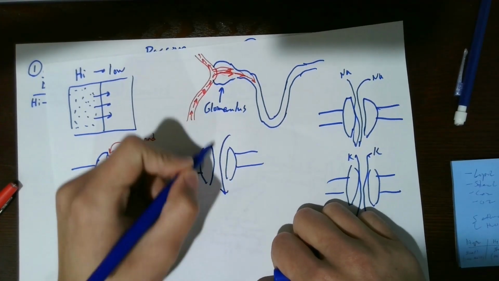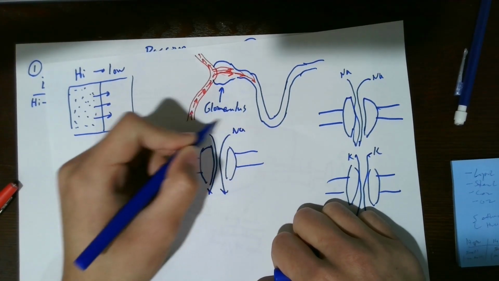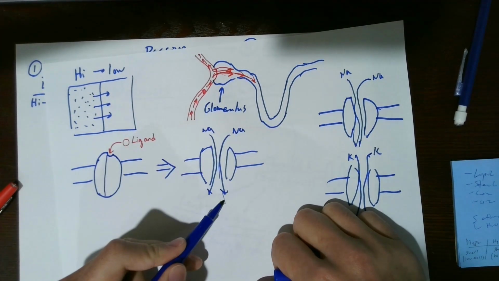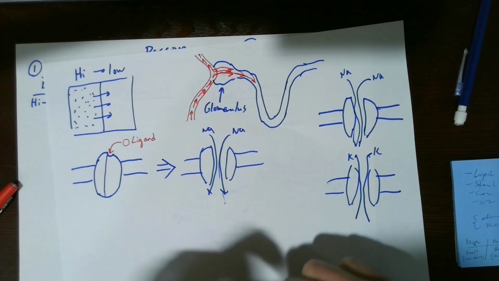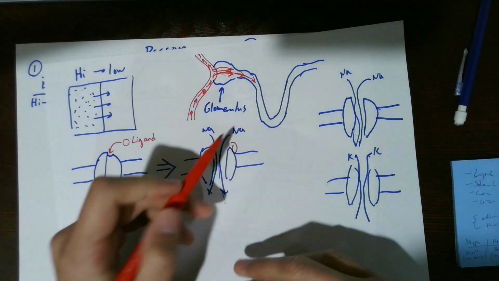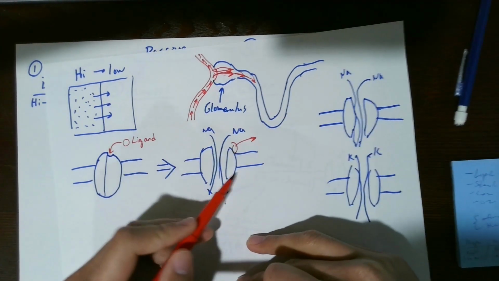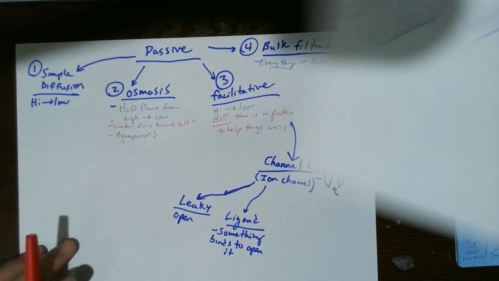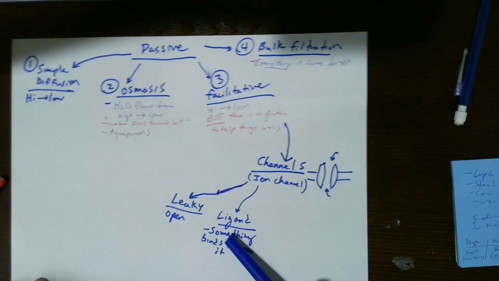And now some of the ions, maybe it's sodium, maybe it's whatever molecule it is, can flow through. But it can only flow through when the ligand has bound to it. Once this ligand leaves, once it unbinds, then it's going to close again, just like what it looked like before. So that's ligand channels.